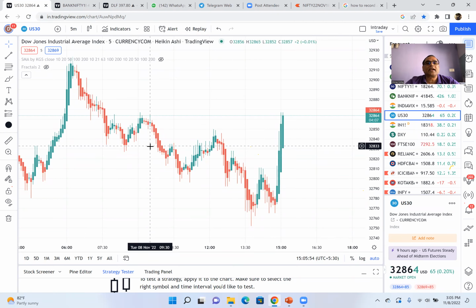This is another alert candle. Then the next candle is another alert candle. 9:40 is when you got into a short trade. The 9:40 candle is closing below the low of your 9:35 alert candle. So at 9:40, you will take your first trade today in DJIA.